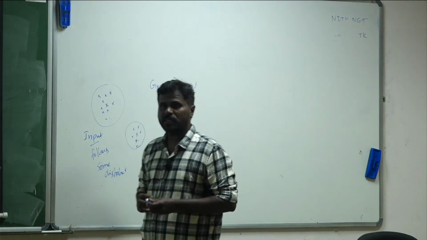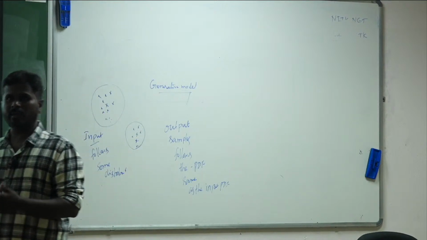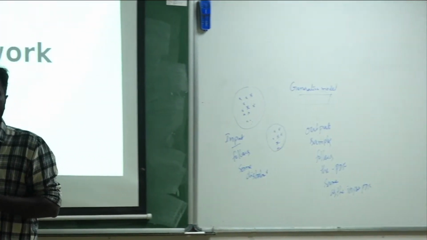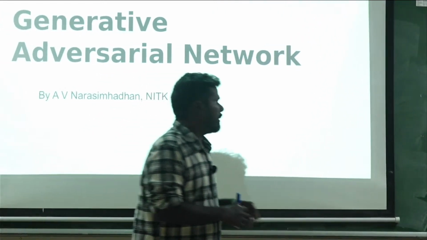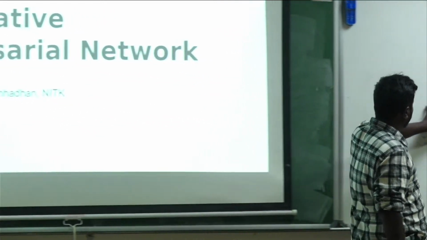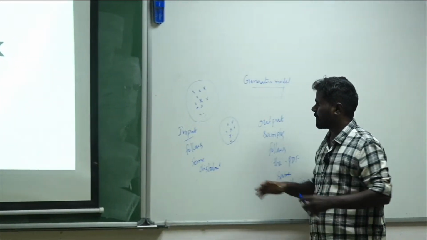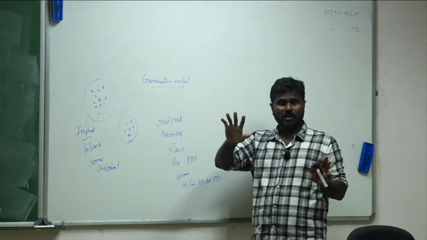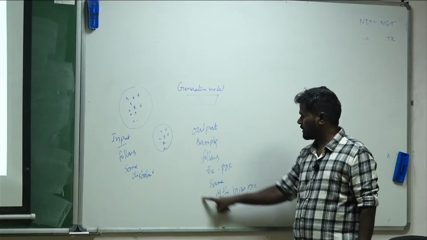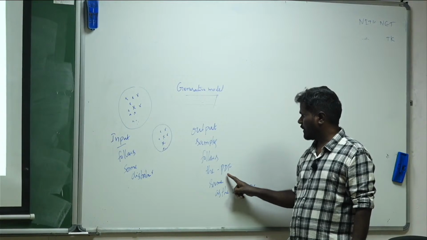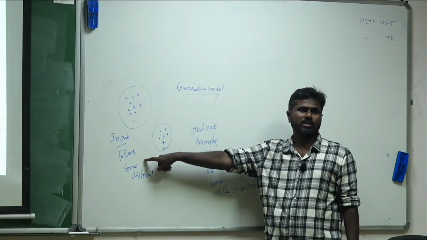And what is the difference between this GAN and other generative models that we have in the literature? With GANs, there is a mathematical proof that the generative model generates samples which follow the same distribution as the input distribution.